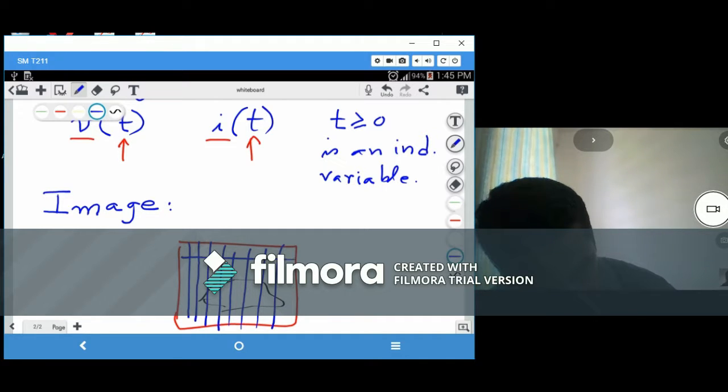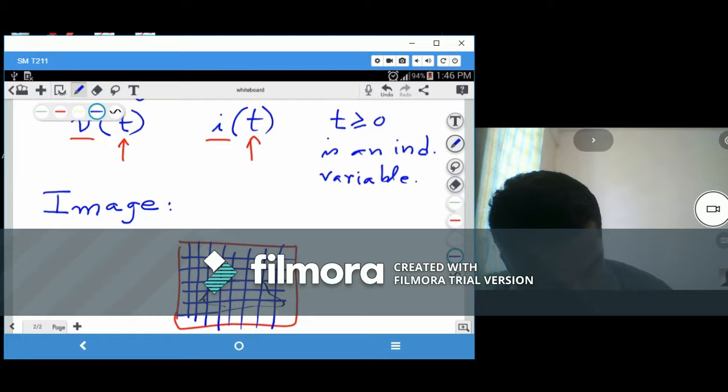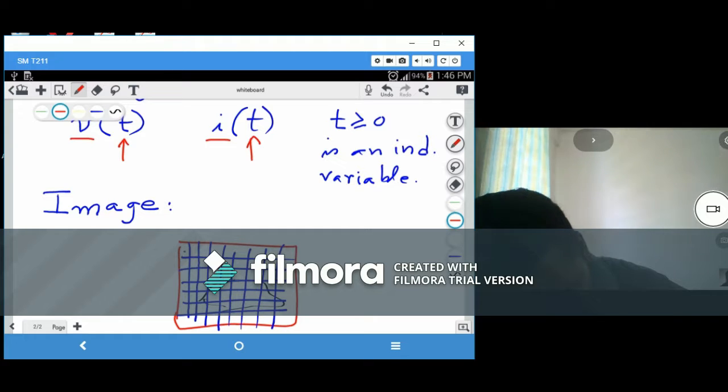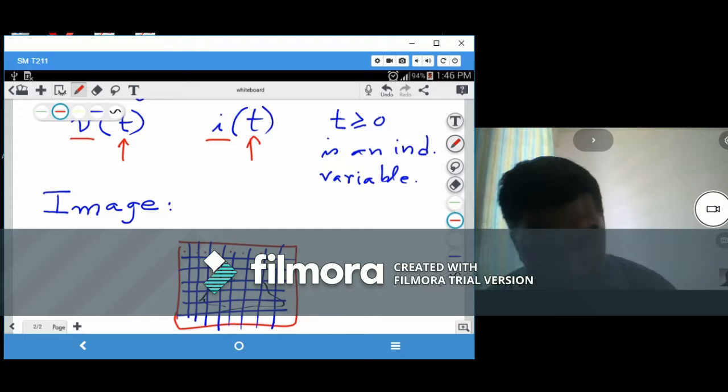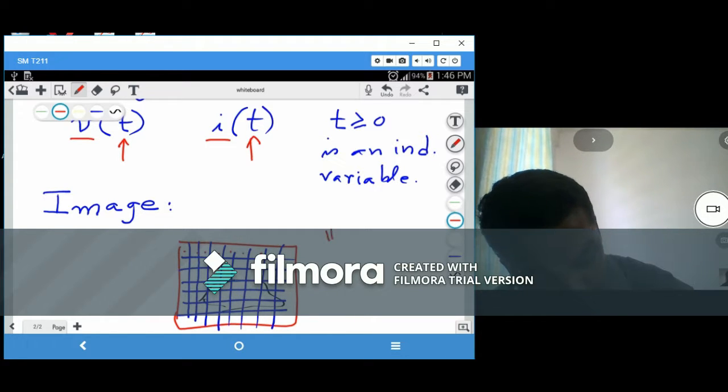So we represent it by the grid representation. Now, each of these rectangular boxes represents a picture element or a pixel.